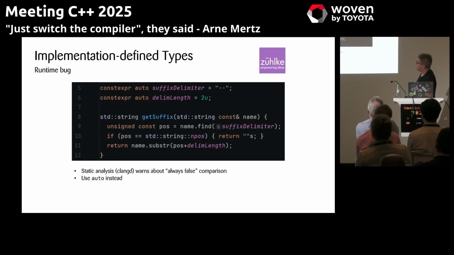You can also try to use curly brackets instead, and then you'll get an error because your unsigned would be a narrowing conversion, and that doesn't compile, so there are all kinds of things. But if you have an old code base, these are the things that you don't find by compiling. Those are the things that you find with a static analysis tool or at runtime when something crashes.